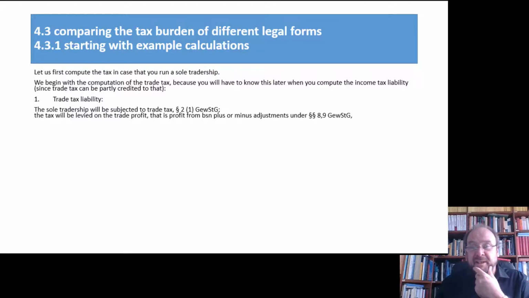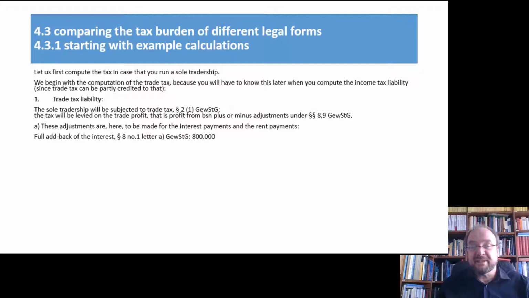We will take as tax base the trade profit, that is profit from business, plus or minus the adjustments under paragraphs 8 and 9 of the Trade Tax Act. You remember that from Chapter 3. These adjustments are, in our case, to be made for the interest payments and the rent payments, and we assume there are no other adjustments necessary.